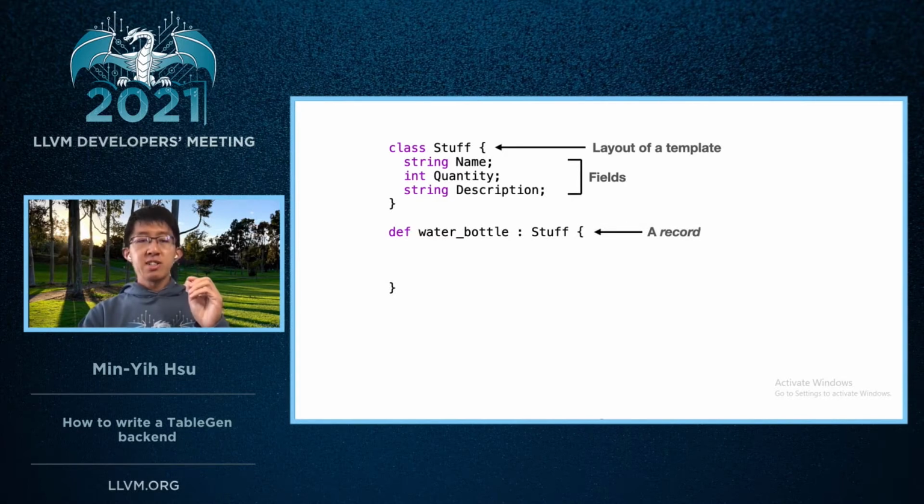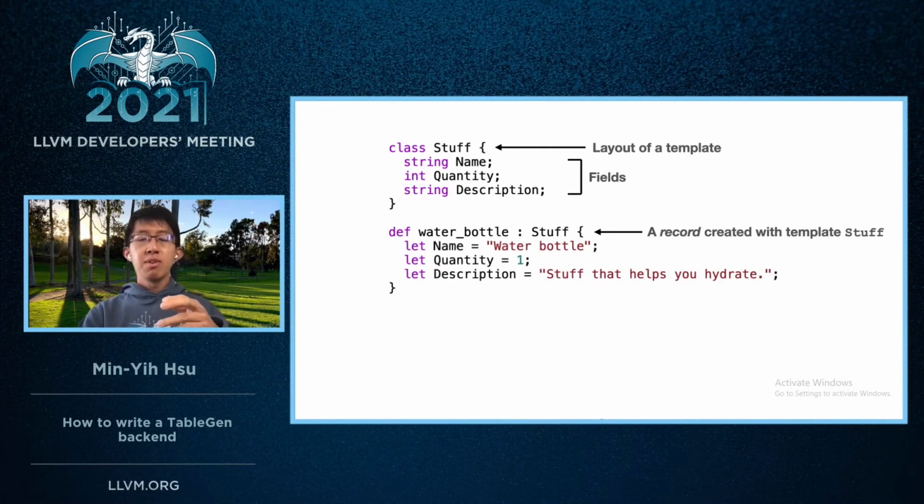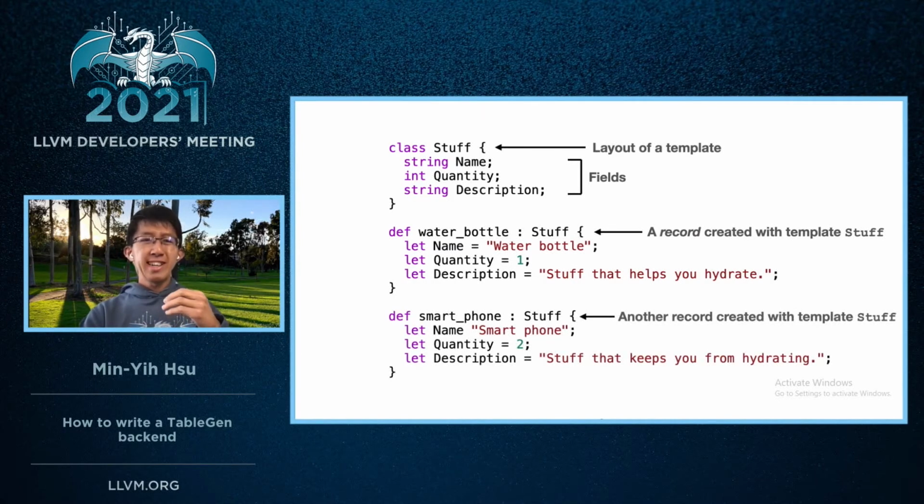In this case, this record is created from the template we saw previously. This record is just like an encapsulation of data, and since it conforms to the template, we assign the fields accordingly. And of course, we can create as many records as we want.